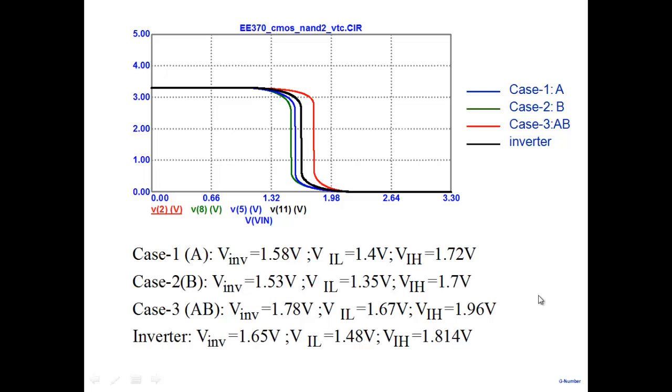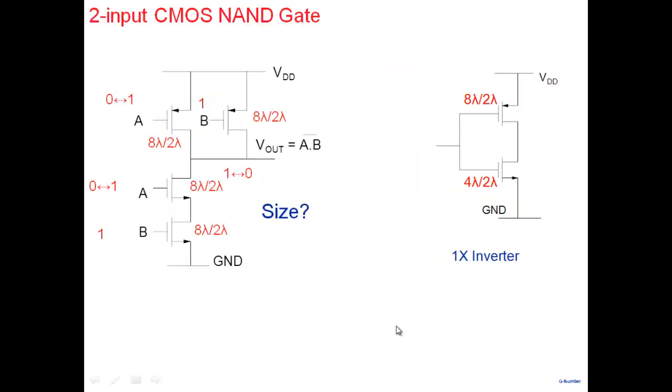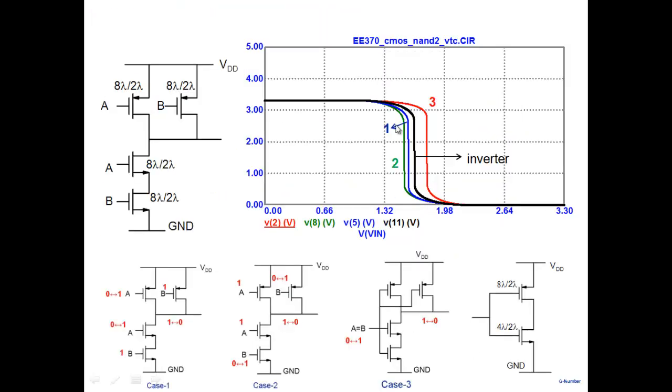Whenever you are asked to calculate VIL and VIH in exams and elsewhere, you calculate V inverter, and then you add plus 0.15 and minus 0.15 to get approximate values of VIL and VIH. And once you get VIL and VIH, then of course you get the noise margins. All right. So this is how we end up getting the noise margins for our design here.